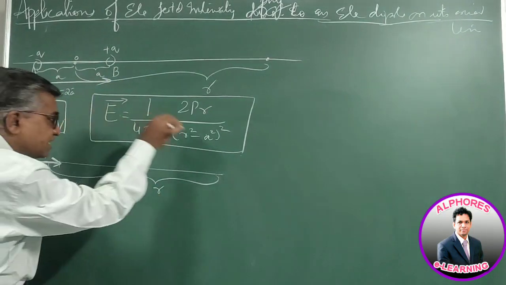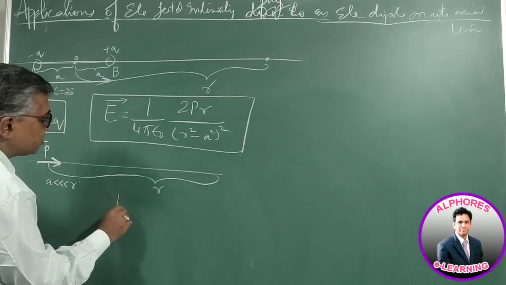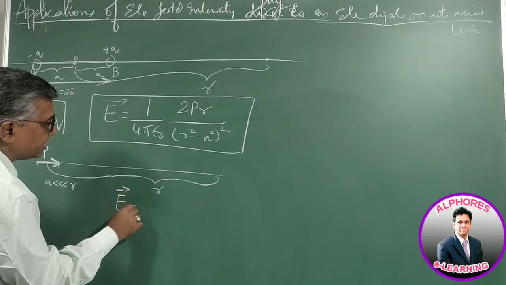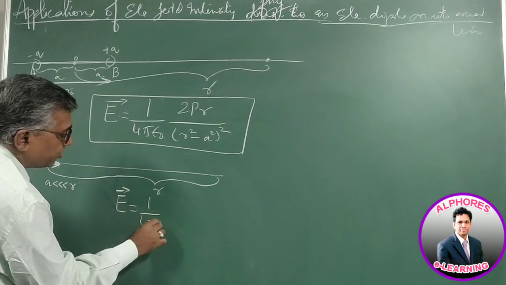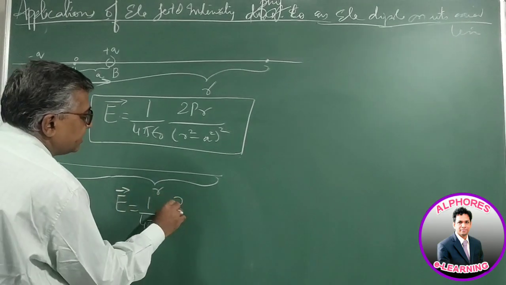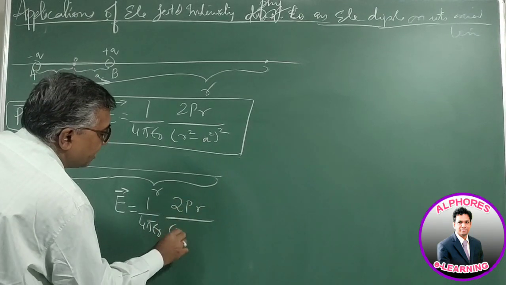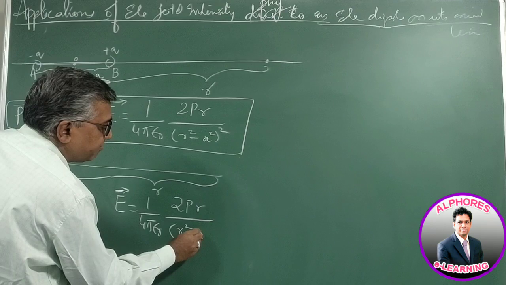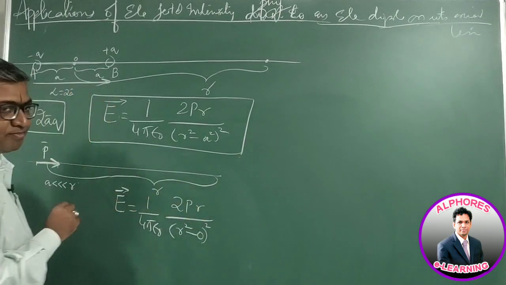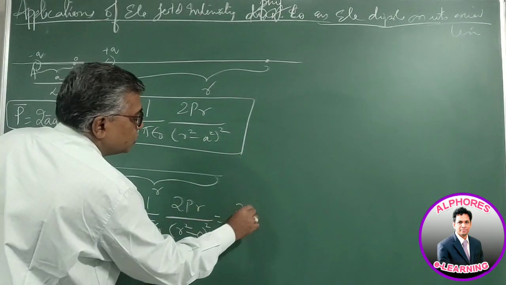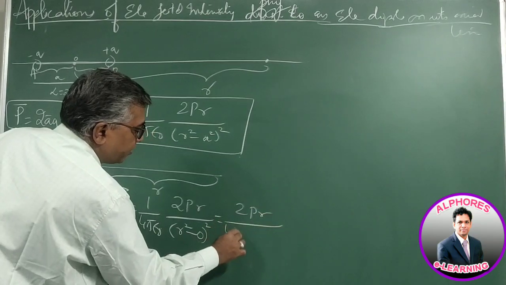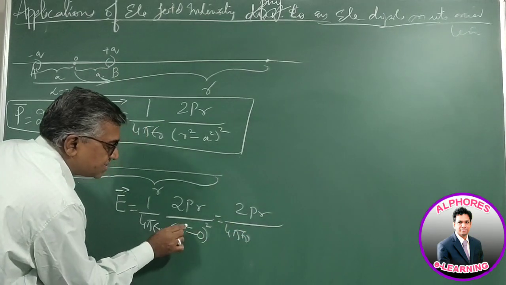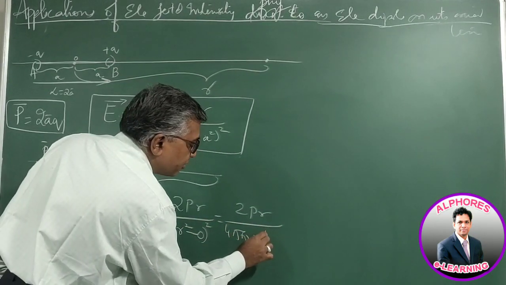So substituting this in this, we get the electric field due to a short dipole as 1 by 4 pi epsilon naught, 2pr by (r square minus a square)whole square. Here a is very small, so I neglected it. So I get this as 2pr by 4 pi epsilon naught, (r square) whole square, r power 4.